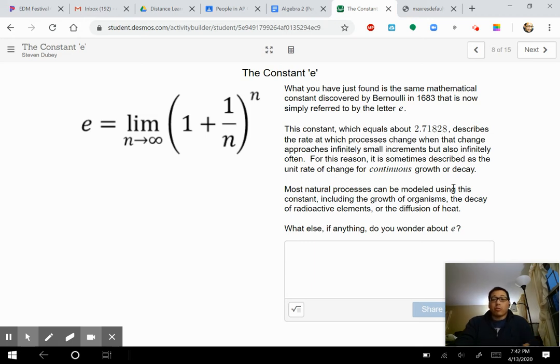And so a lot of natural processes in the world can be modeled with this constant. If you think about the growth of organisms, you are constantly growing from the time that you were born, pretty much nonstop at every moment of time. There's some kind of change happening.